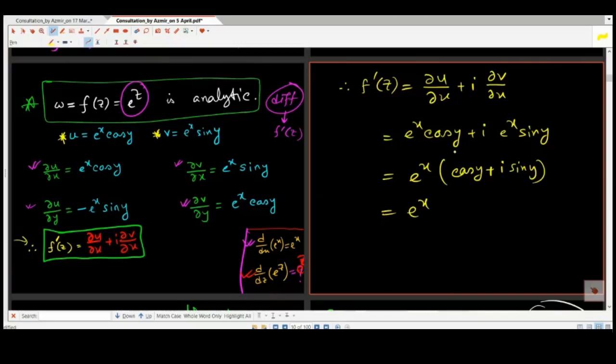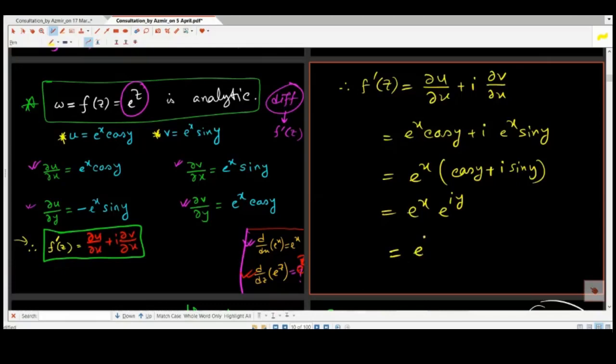Now Euler's identity says that cosine y plus i sine y will be e to the iy.